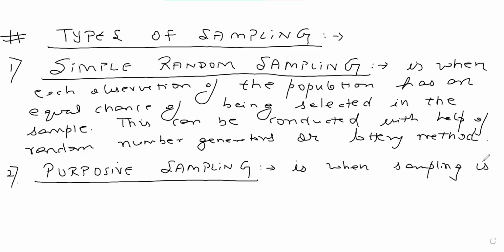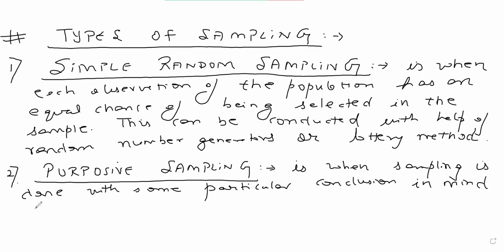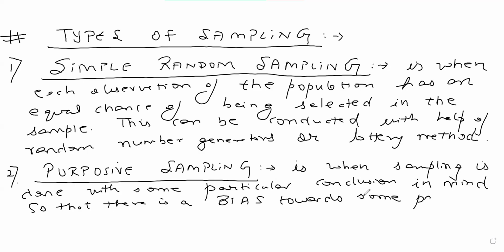So sampling is done with some particular conclusion in mind, so that there is a bias towards some particular observation for selection.